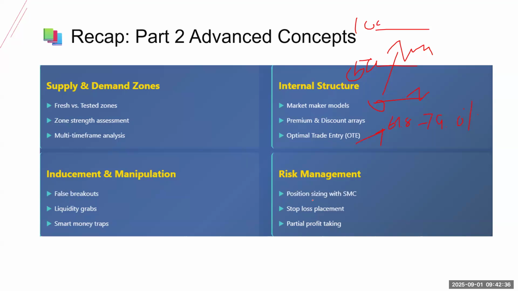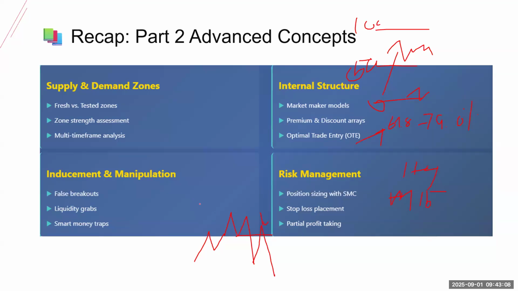And risk management, position sizing with SMC. Whenever you see they require 2 time frames, remember H4 and H1. H4 maybe key level, and then you go to M15. Whenever you see a change of character in the lower time frame, you will have a very tight stop loss because you wait for price to pull back, and then you sell somewhere around here.